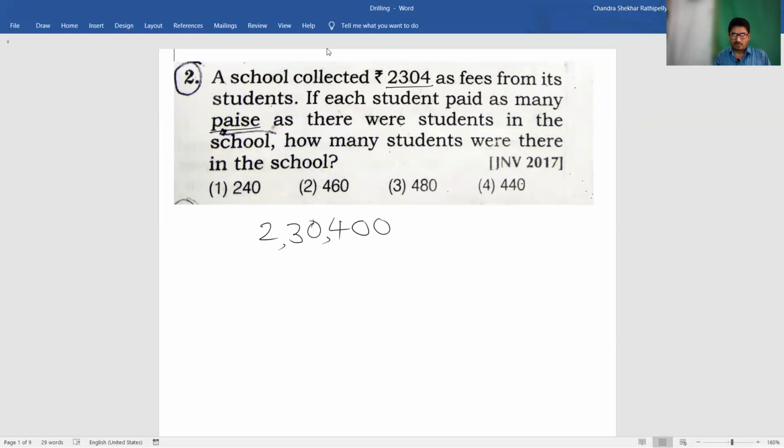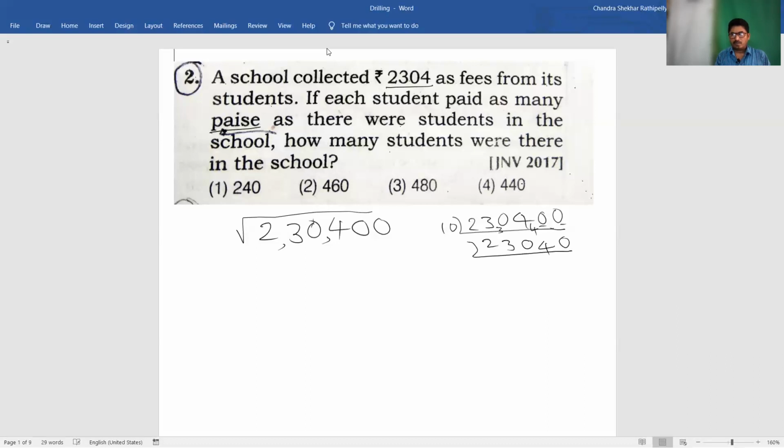You know, children, how to find square roots? See here, square root of 230,400. If there are zeros, we take the first 10 with 10. 10 twos are 20, 10 threes are 30, 10 fours are 40.